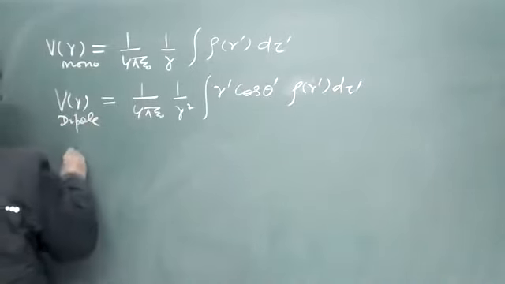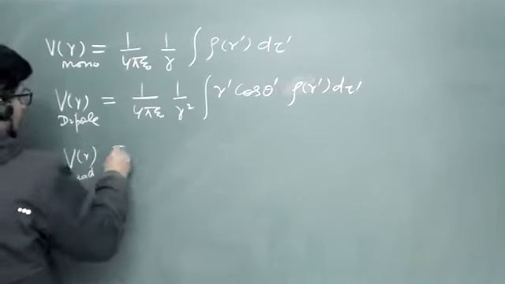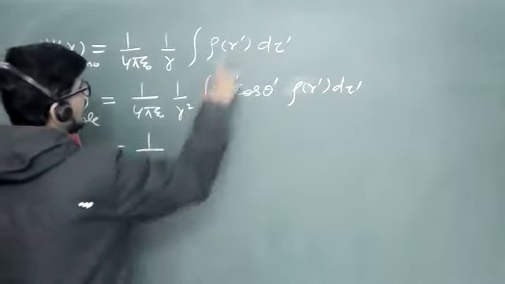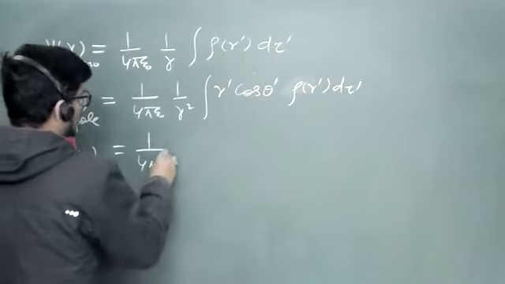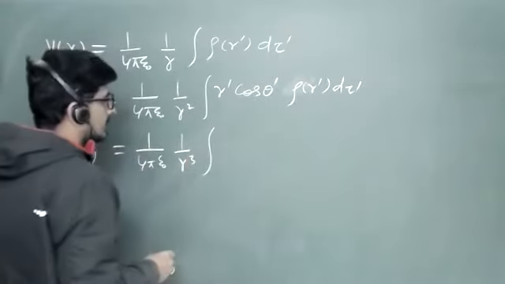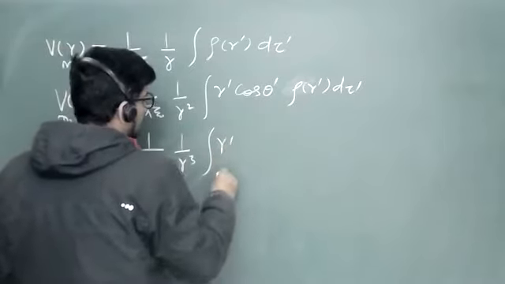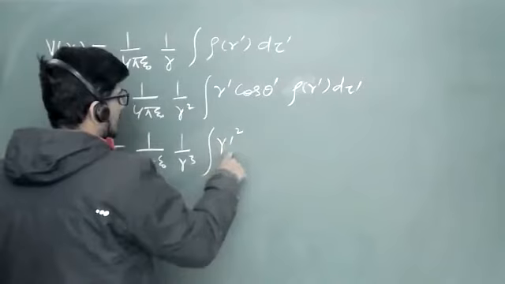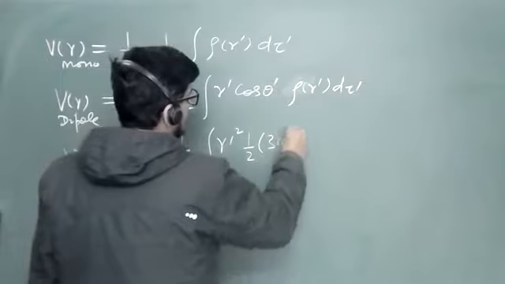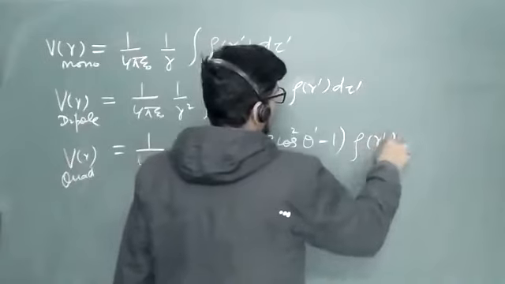And the third was quadrupole. And you should remember it in Legendre polynomial form, so that there is no mistake. This is P0, this is P1. So 1 upon 4 pi epsilon naught, 1 by r cube. Now whose turn has come? r dash square, just to maintain the dimension. And this will be half of 3 cos square theta dash minus 1, rho dash and d tau dash.